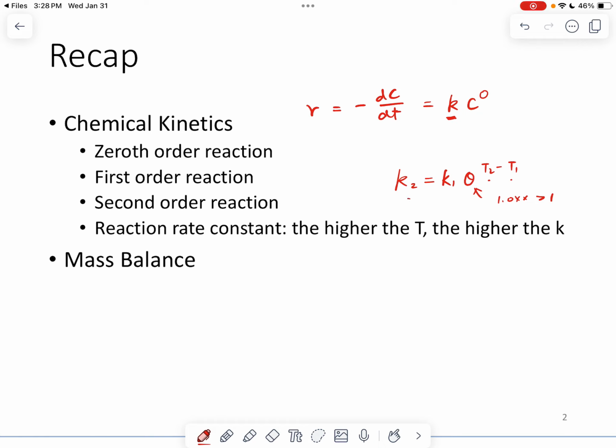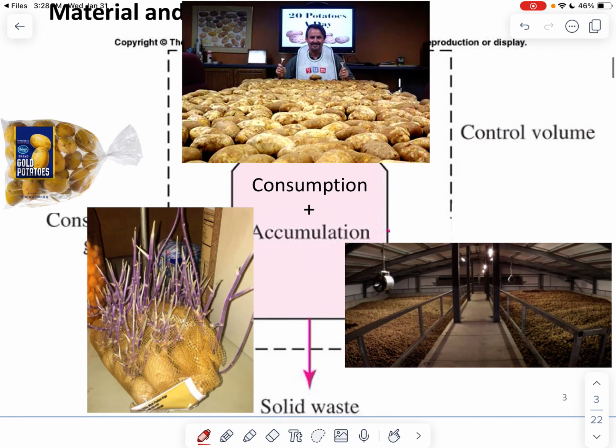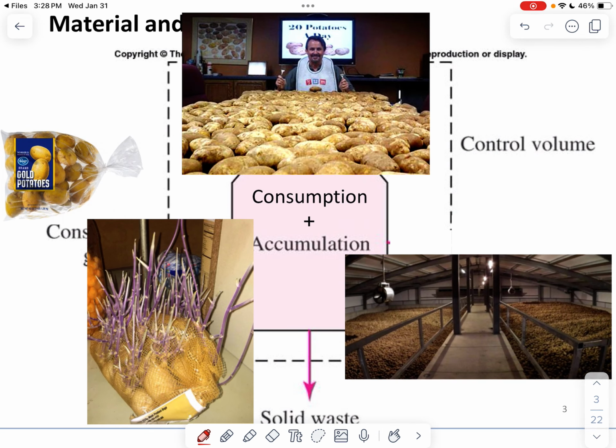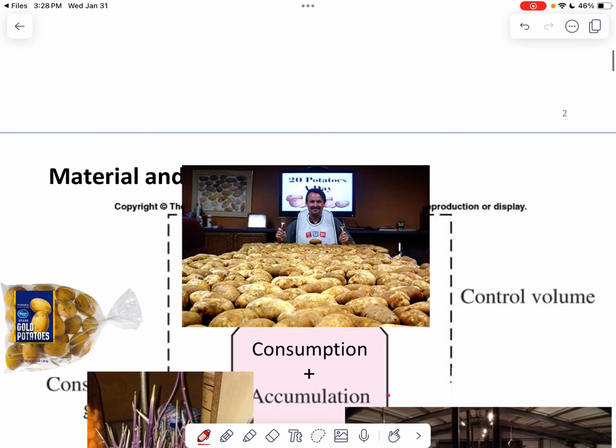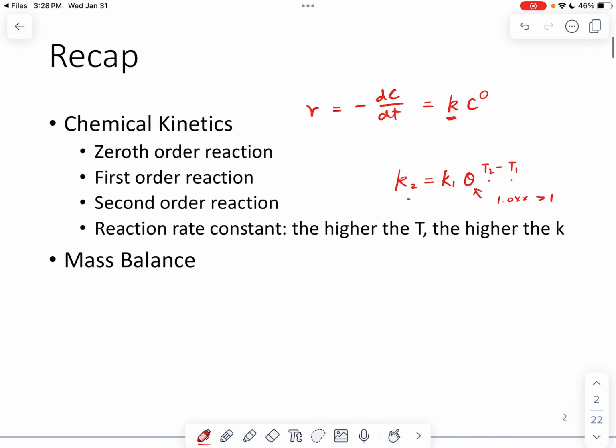And then we started to talk about the mass balance. We gave a simple scenario involving grocery purchases, an example about how many potatoes are being balanced in this entire system. And we found the general mass balance equation, which is accumulation equals in minus out minus reaction.